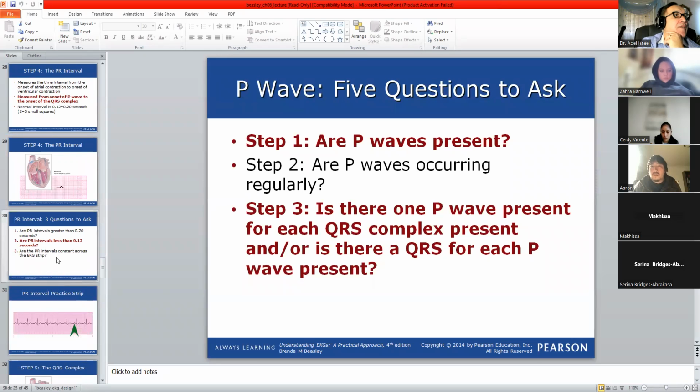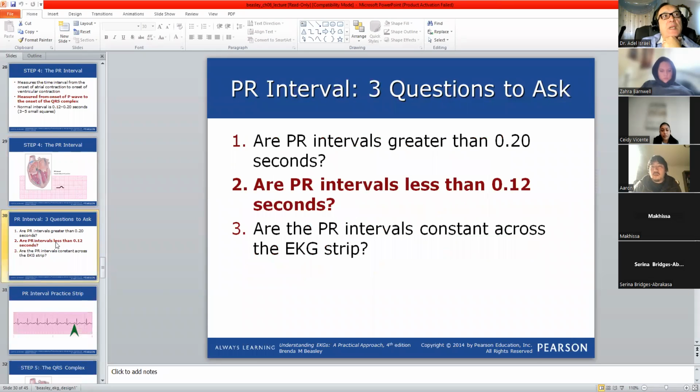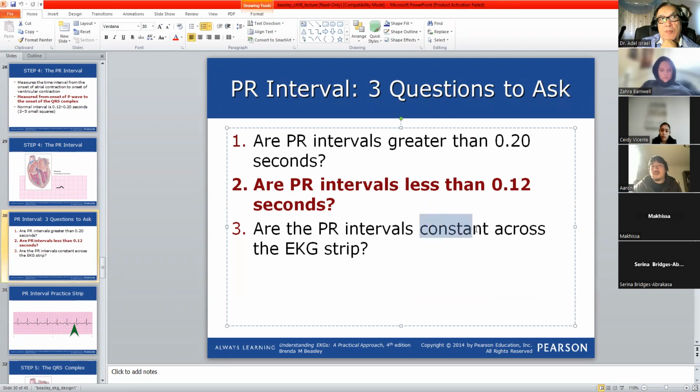Then we have to go by the PR interval, and we learned together that the PR interval has a range between 0.12 and 0.20. And let us see. It is constant. This is also important for diagnosis. Why?